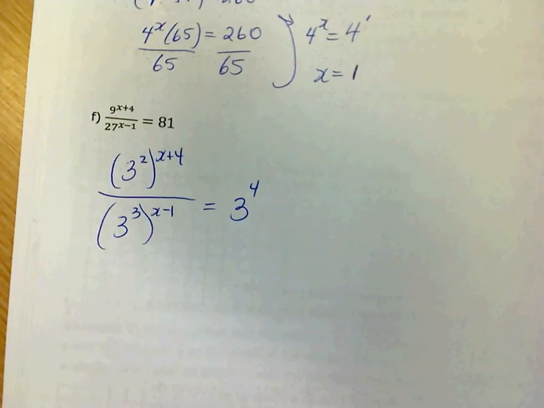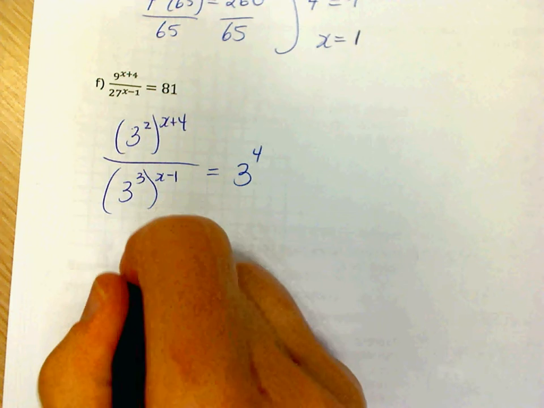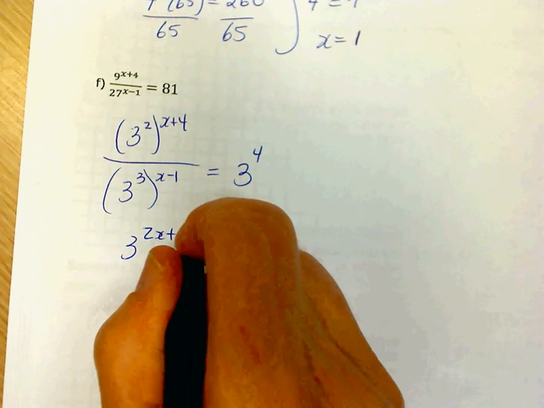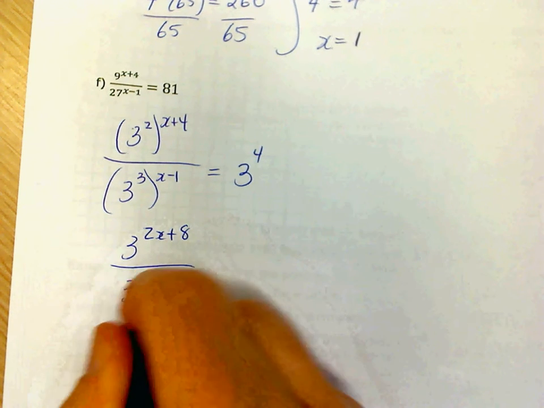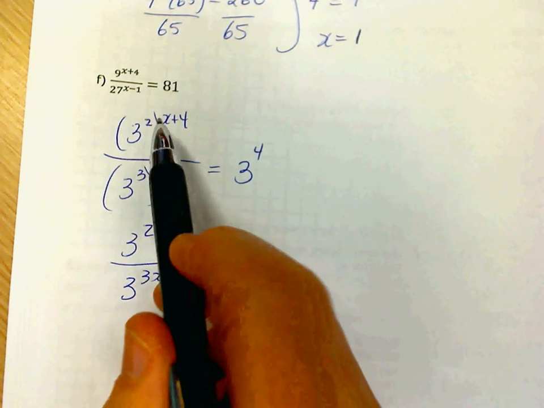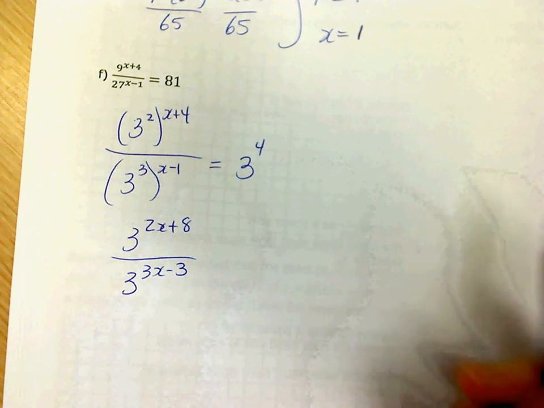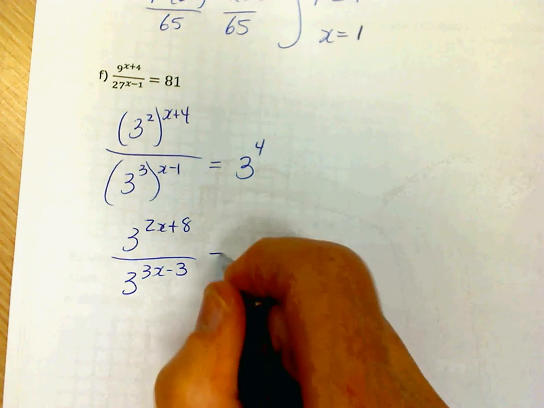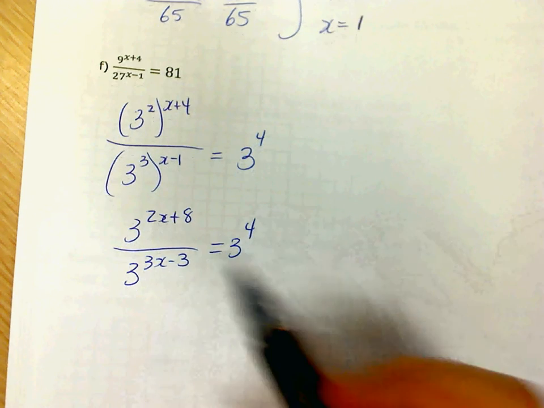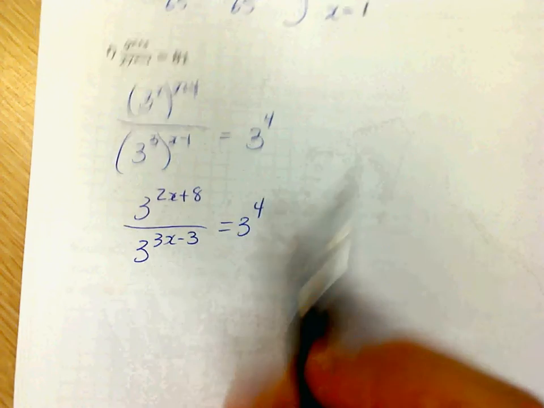So let me simplify this. This is 3 to the 2x plus 8 all over 3 to the 3x minus 3, because a power to a power, we multiply exponents. Equals 3 to the 4. Now we're dividing, so we're going to subtract the exponent on the bottom.